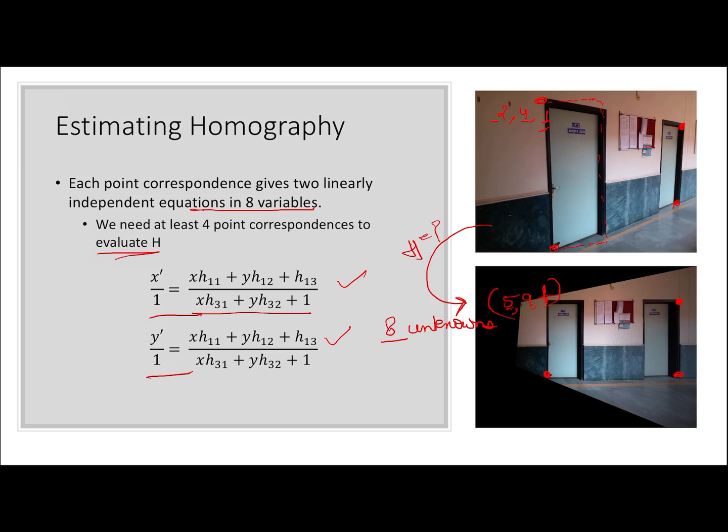So if I need to remove this perspective distortion so that I can get a perfect rectangle, I can compute H and get this corrected image. This can also be used for stitching two images, and it is also used for registering two images, aligning two images, and there are so many other applications of projective transformation.